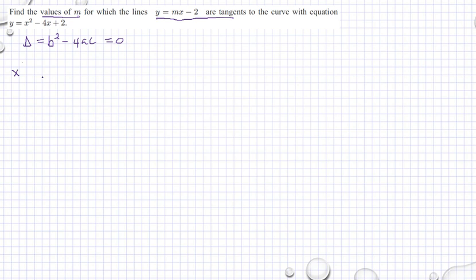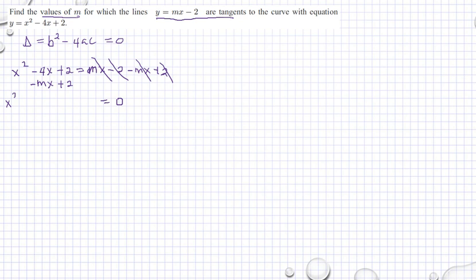So if we equate them, x squared minus 4x plus 2 is equal to mx minus 2. If we subtract mx from both sides and add 2, the right-hand side of the equation is 0.